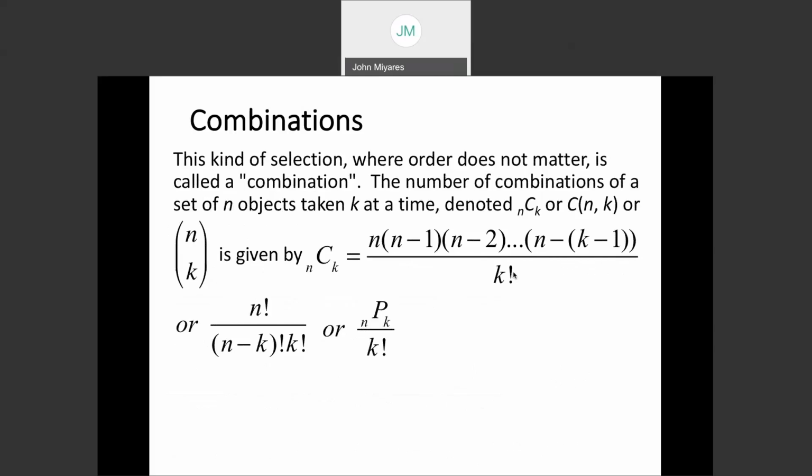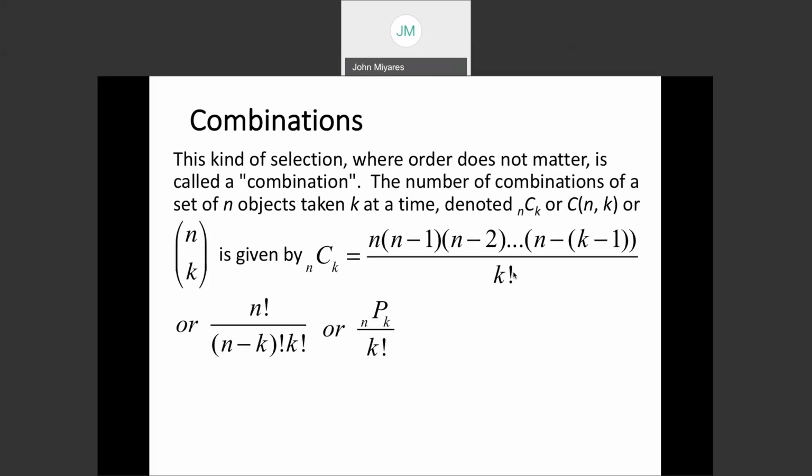The number of combinations of a set of n objects taken k at a time is denoted with a lowercase n, then capital C and k, or C in parentheses n comma k, or you'll also see it written as n over k, looking like a fraction but without a fraction bar, inside parentheses.